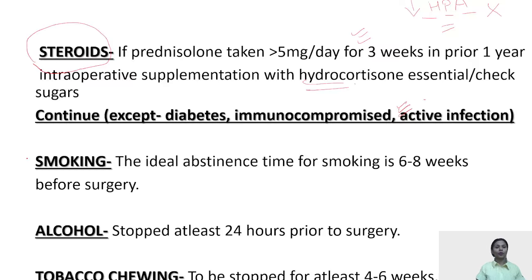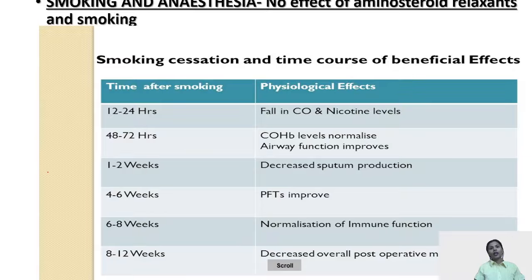Now, talking about smoking, see, when we come to smoking, what is the best time when the smoking can be stopped? Anytime. As soon as possible is the best time, because even if the smoking is stopped 12 hours prior to surgery, you can see a fall in the carbon monoxide and nicotine levels.